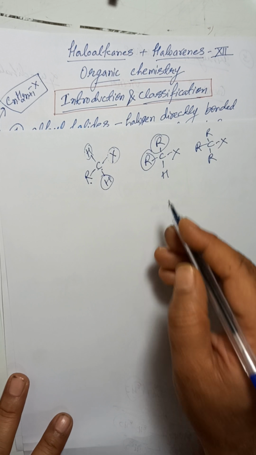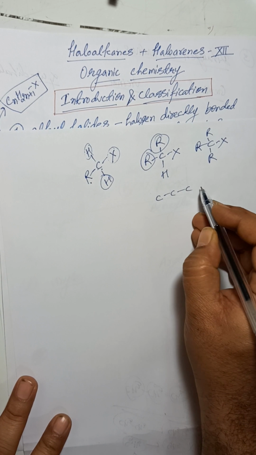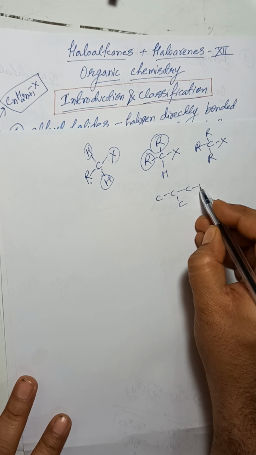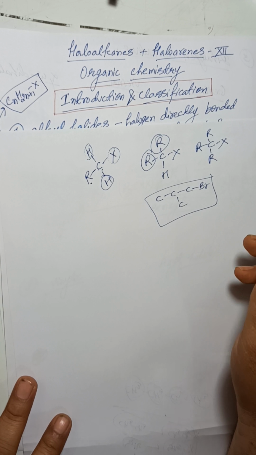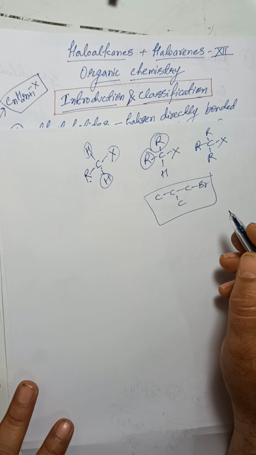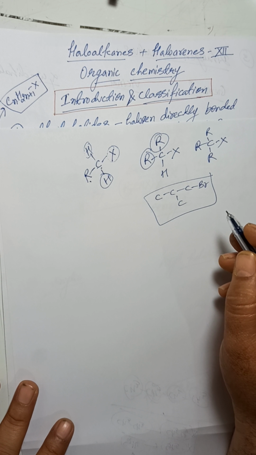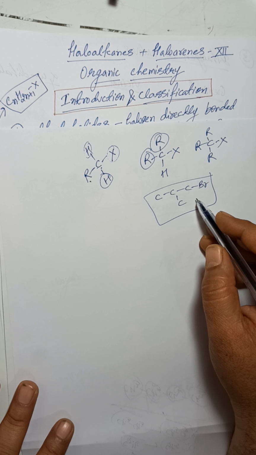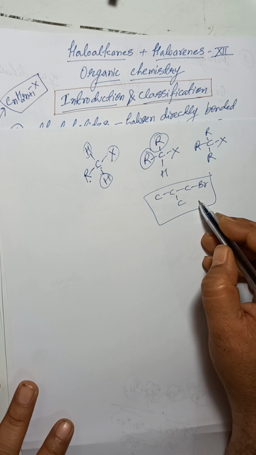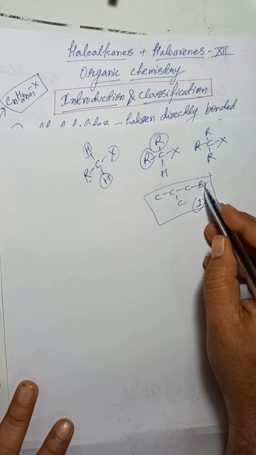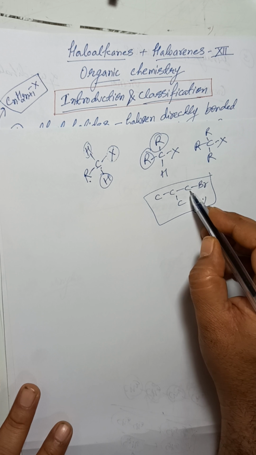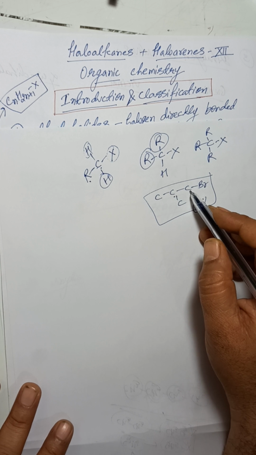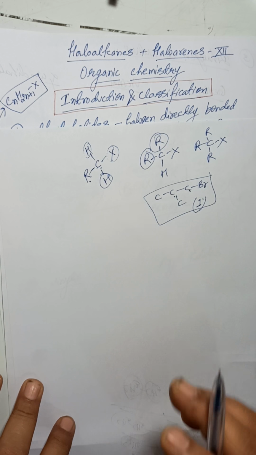Fine, this is very simple. What type of alkyl halide is this? 1 degree, 2 degree or 3 degree? This is 1 degree because this bromine is attached to a carbon which is further attached to 1 more carbon. So this is 1 degree alkyl halide.